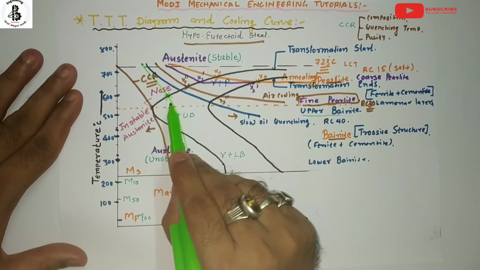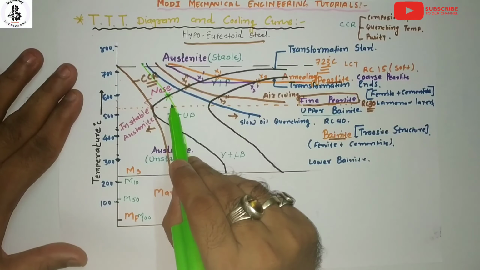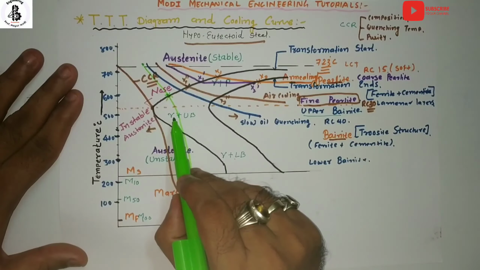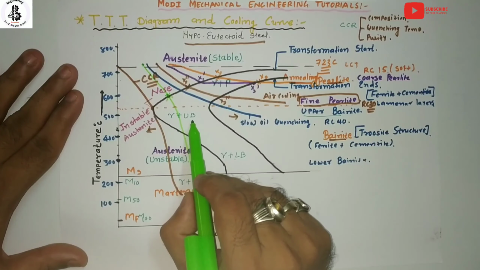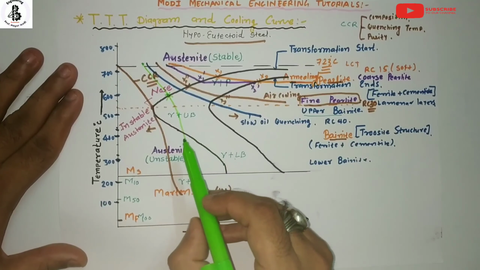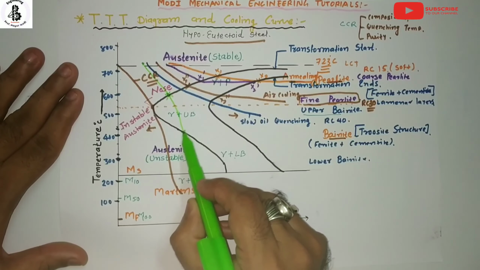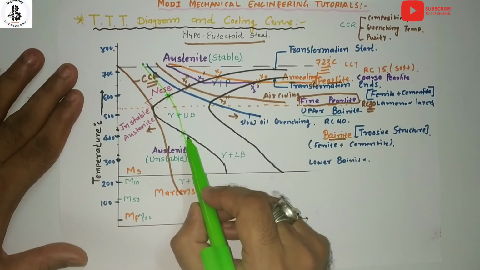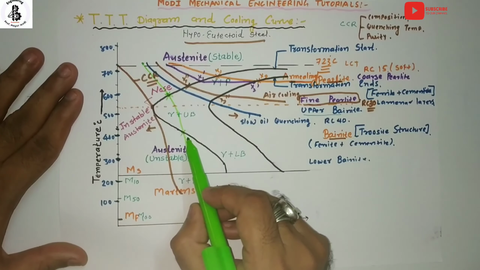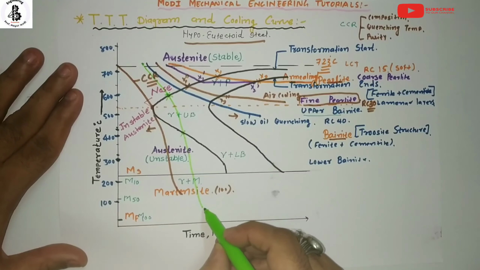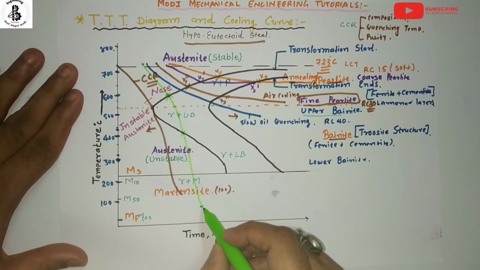Now the cooling moves on into the region of austenite and upper bainitic structure. Once again, the cooling curve touches the same transformation start point, so once again it converts into unstable austenite, and with the help of the quenching process it converts directly into the martensite structure.